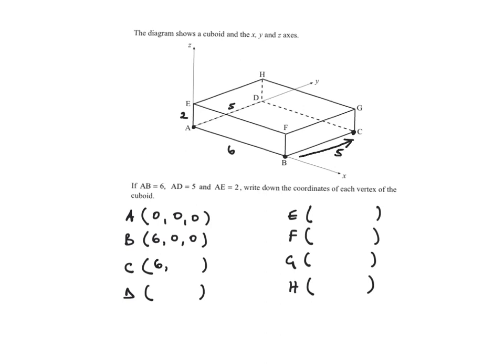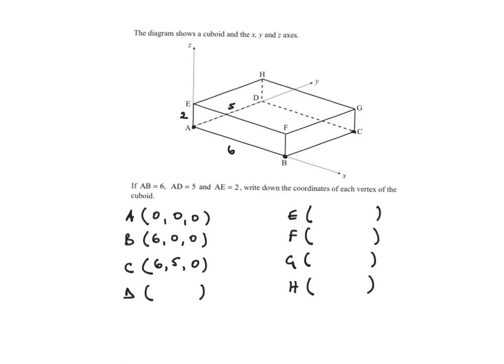Remember, we know that A to D is 5, so all of these lengths here, B to C and F to G and E to H, they're also 5. So it's 5 in the positive y direction. And again, the point C is not off the surface, so to speak, so the z coordinate is 0.